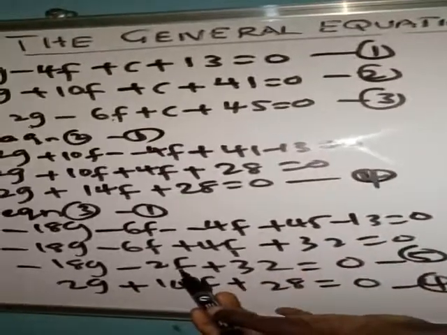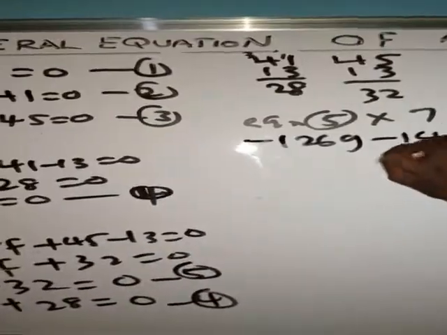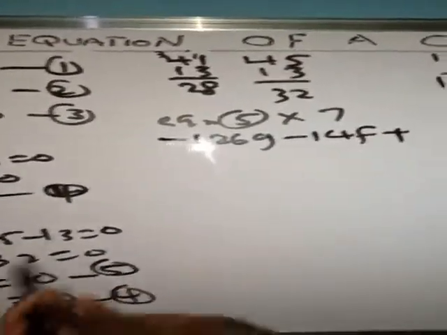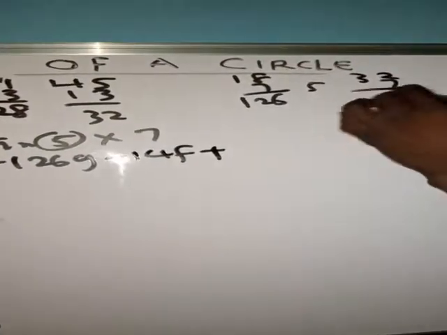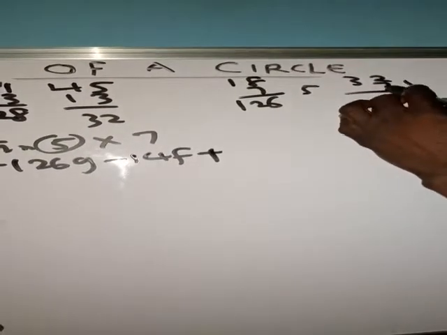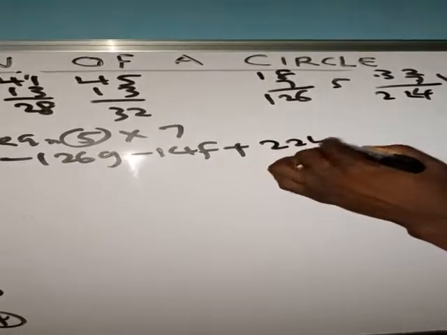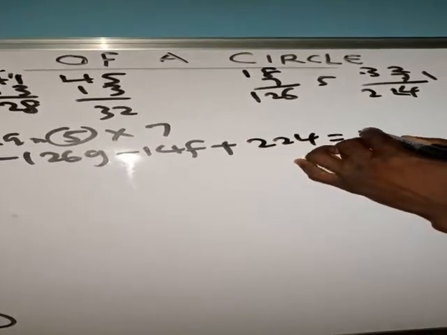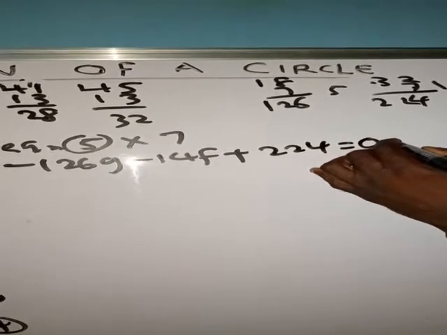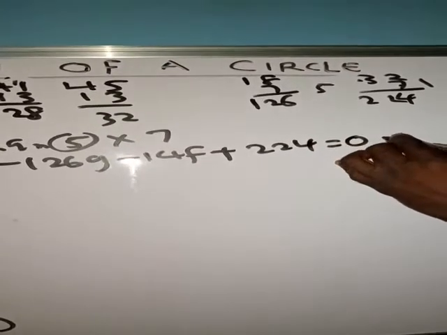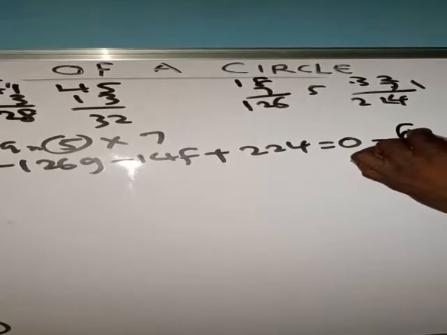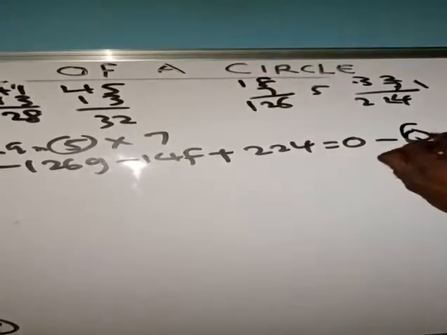Then 7 times minus 2 is minus 14f, plus 7 times 32, that's 224, is equal to 0. So that is now another new equation, equation 6. So I'll be solving equations 4 and 6 together.